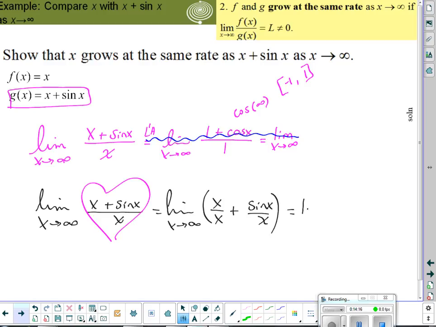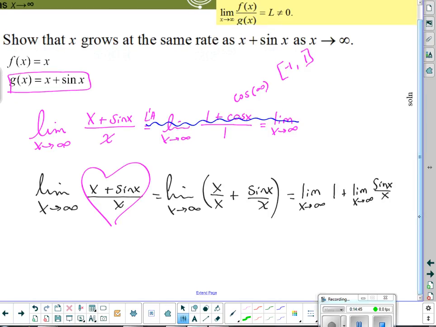Simplify. We get the limit as x goes to infinity of 1 plus sine of x over x, which means that we really can analyze each of these separately, right? I can say that I've got the limit of 1 and the limit as x goes to infinity of sine of x over x.